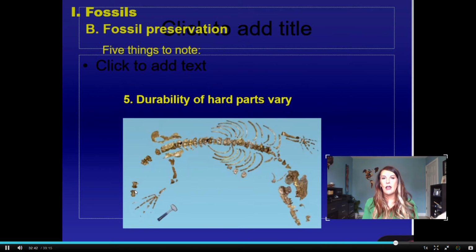Hopefully, over time, other discoveries are made, and so you're filling in the geologic gaps. So you might not have the left femur of a T-Rex, but maybe eventually by 2022, somebody will find a left femur.